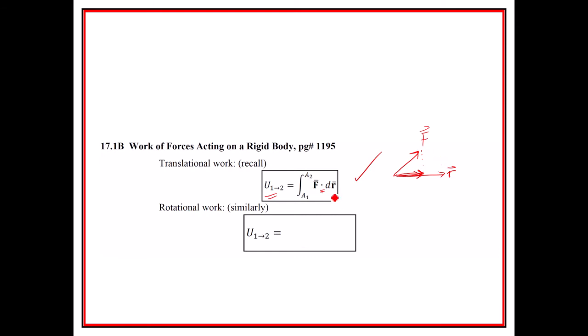And so it's not force times a distance, it's force through a distance. It's only the distance that's in line with the force, or vice versa, the force that's in line with the distance.